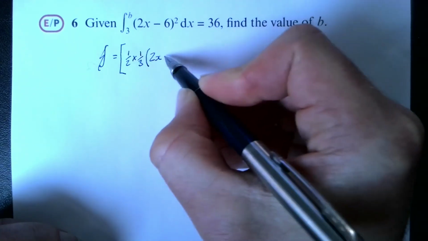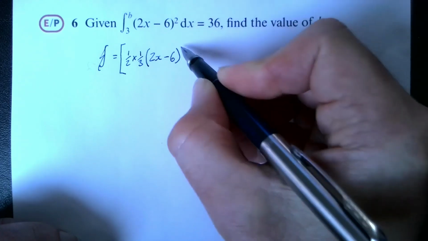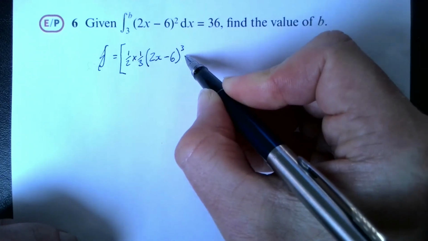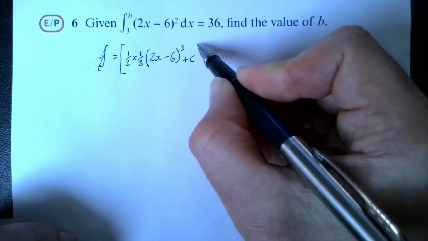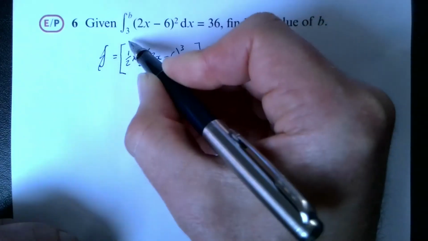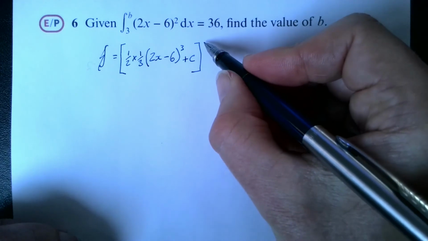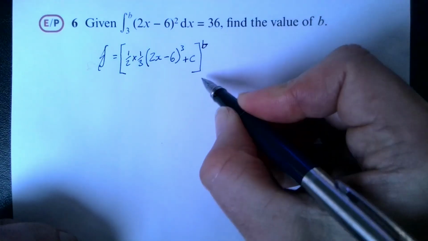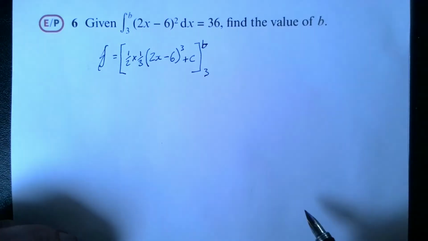Then we'll have the same bracket in there, that pumps up to a 3. We should put plus c in there, but remember that's going to disappear because this is a definite integral, isn't it? Because we're going to be taking the a value away from the b value in a moment.